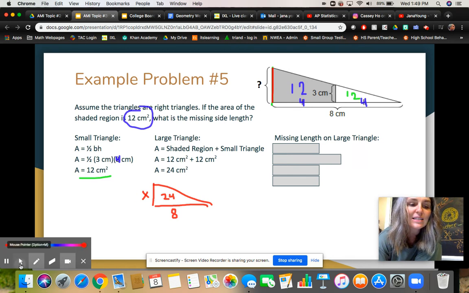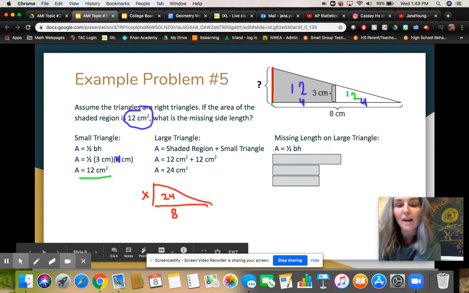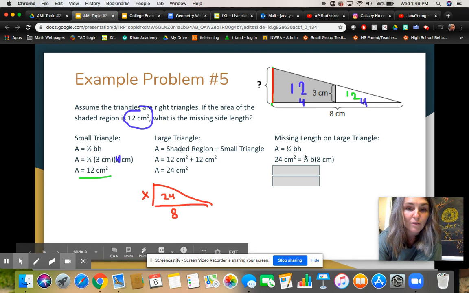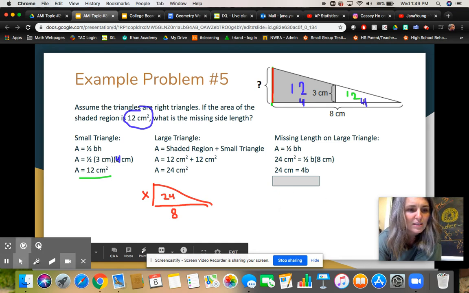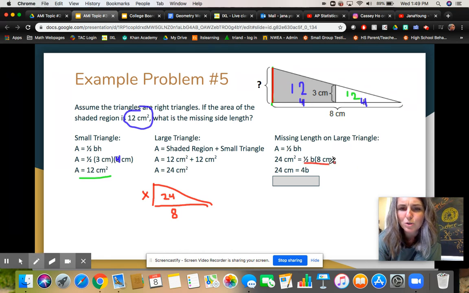Well, now I can set up an equation. I can say, okay, the area of a triangle is 1/2 base times height. And the area is 24. And the base is 8. And I think you saw this in a previous video, but remember that we've got the commutative property working to our advantage here. We're looking at 0.5 times b times 8.